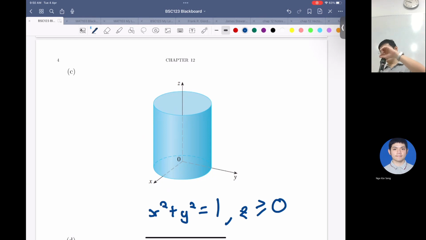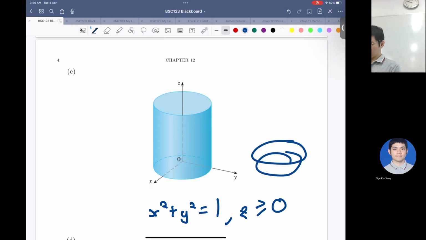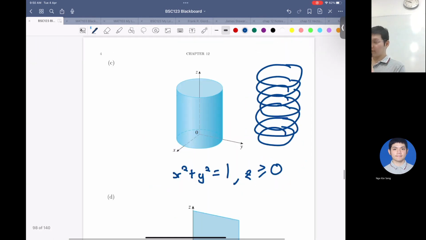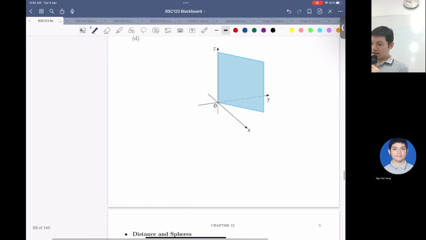X squared plus Y squared equals 1 is just a circle, but there's no condition on Z. The condition on Z is greater than or equal to 0, so you take all the circles and stack them together. It's important that you can imagine this. Later we will build something interesting. So far okay.